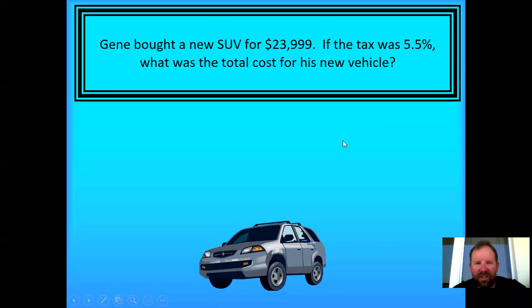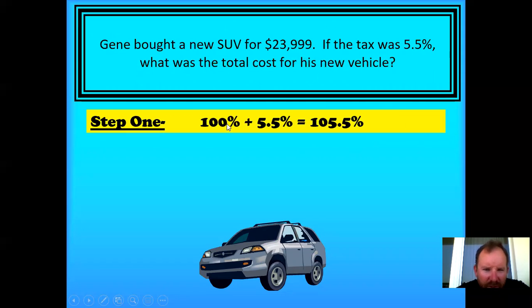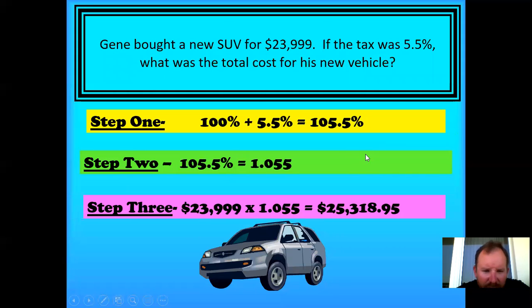All right, so Gene bought a new SUV for $23,999. If the tax was 5.5%, what was the total cost of the vehicle? So what I'm going to go ahead and do here is I'm going to take 100% plus 5.5%. I'm going to end up with 105.5%. I'm going to move my decimal 2 places to the left and get 1.055.